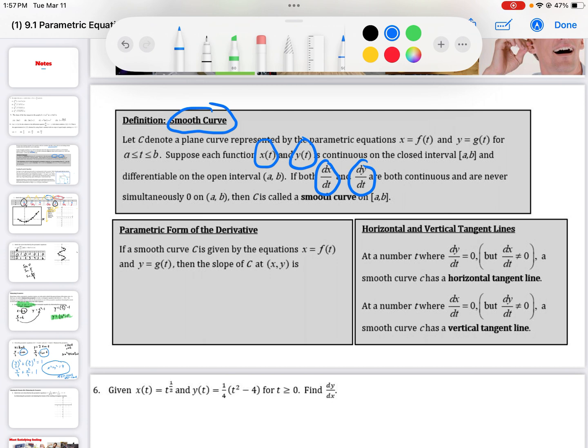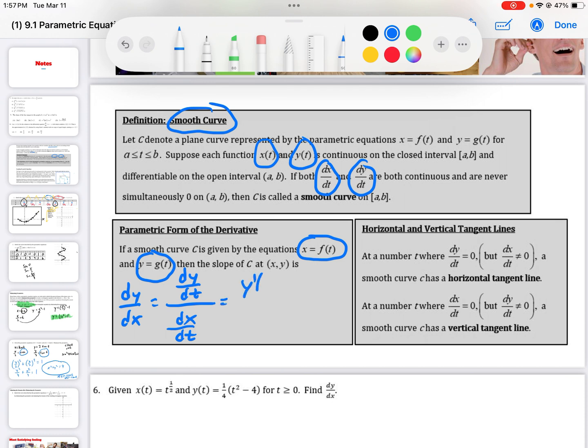So if a smooth curve C is given by the equation in parametric form, so x is defined to be a function of t, y is defined to be a function of t, then the slope of the smooth curve, basically the slope of the tangent at a point, is dy over dx. That is equal to the derivative of y with respect to t divided by the derivative of x with respect to t.